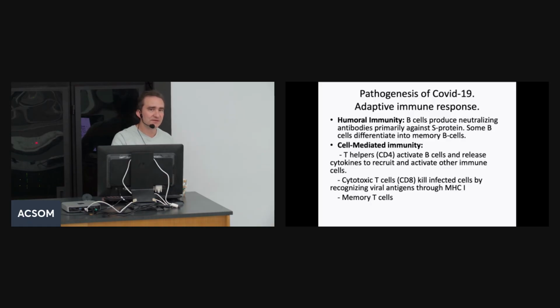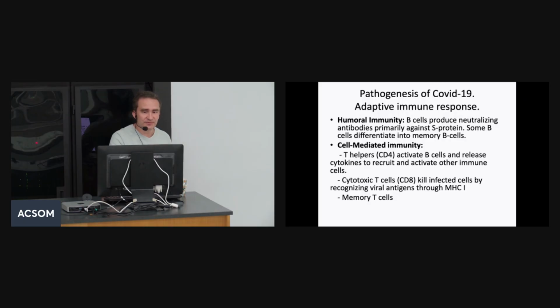If you have another interaction with the virus, they'll start making antibodies. The problem with the S protein is that it keeps changing a little bit. That's why there are different strains, and the antibodies may not work very well against new strains if the S protein is different.